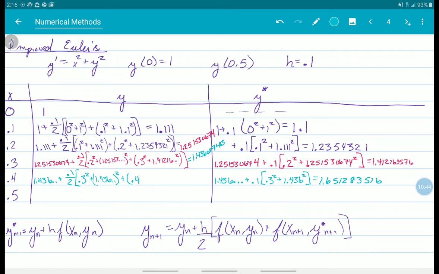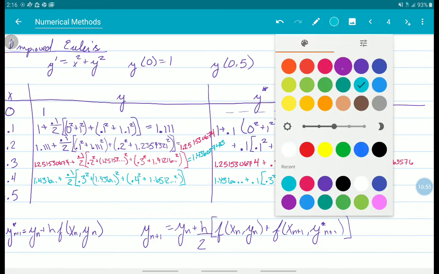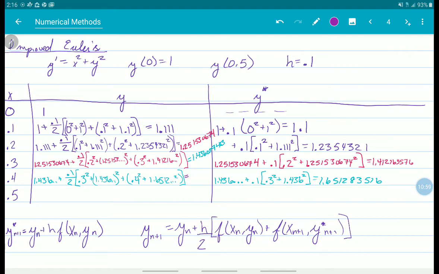And then at the current x and y star. I got 1.688007332.